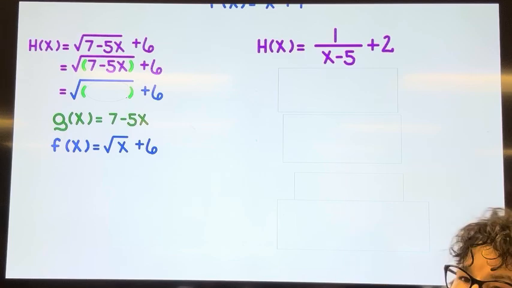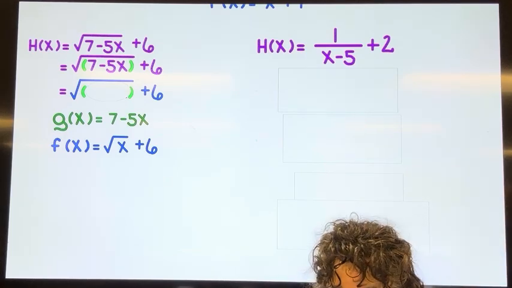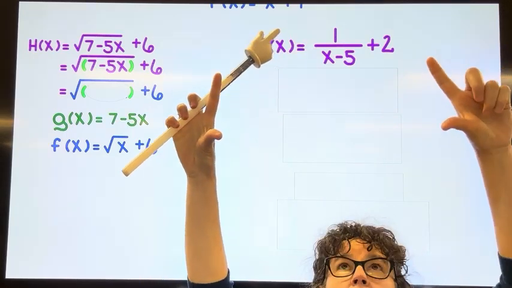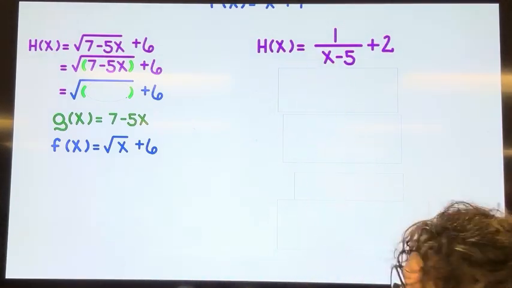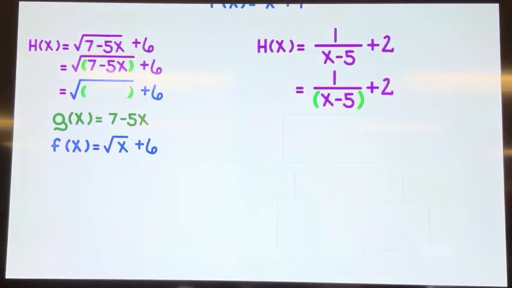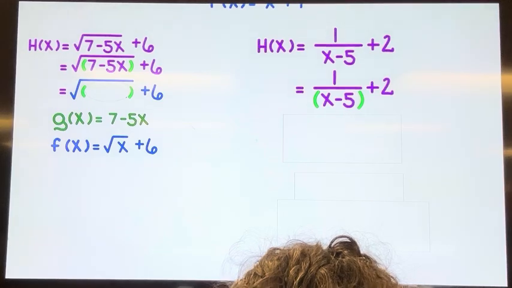Now, when you have a fraction, maybe you're not sure where the grouping symbols are. With fractions, there's a set of parentheses around the numerator and around the denominator. There's a little bit more going on in the denominator, so I'm going to put the set of parentheses there. So the input is x minus 5.